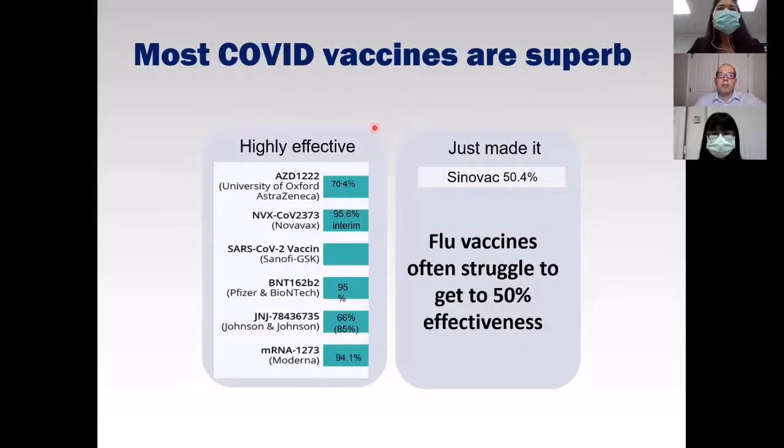In comparison, now switching to the COVID vaccines, most of these COVID vaccines are really superb vaccines. We're now starting to get a lot more effectiveness data out from the clinical trials. This is just some of the earlier ones.